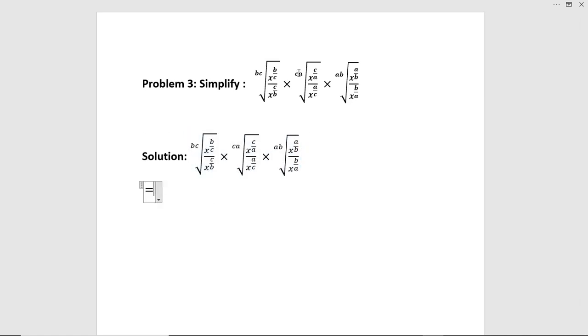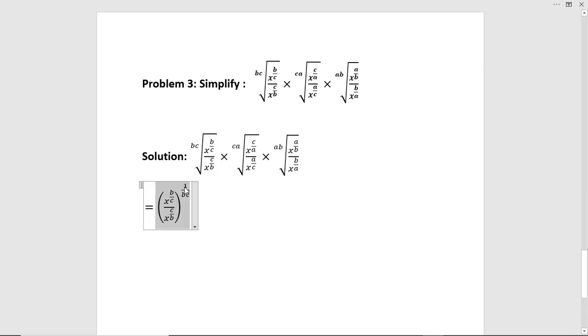Now you know that if we get some root of any expression, then it can be written as a fractional power. So we will write this bcth root as 1 by bc as the index, the cath root as 1 by ca as the index, and the abth root as 1 by ab as the index. When these roots are expressed as powers, they become 1 by the number of the root.